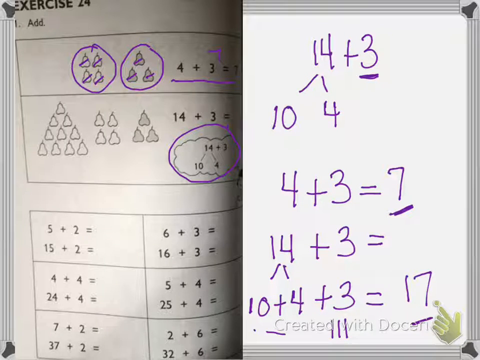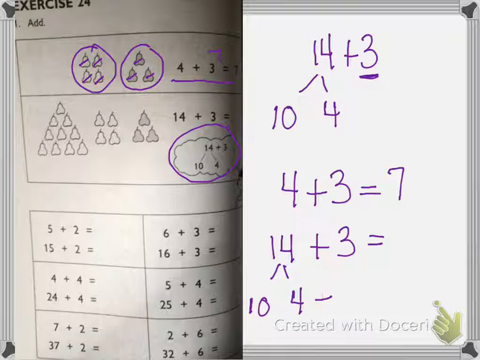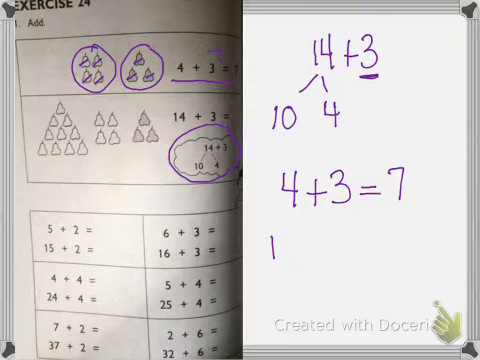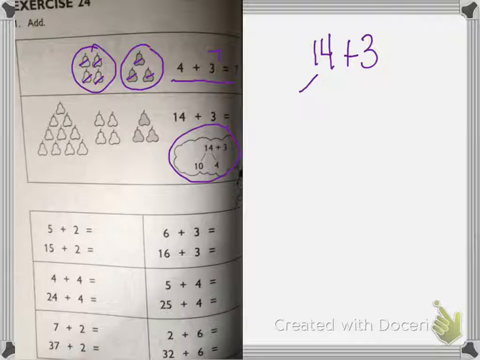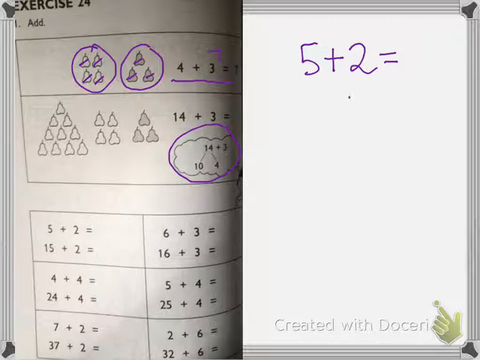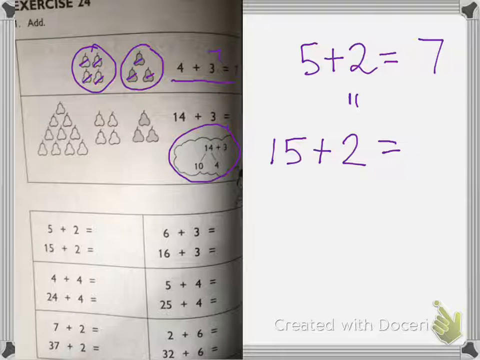Okay, let's look at another one. We have 5 plus 2 equals 5, 6, 7. 5 plus 2 is 7. Then we have 15 plus 2 equals. Well, we're going to break the 15 down into 1 10 plus 5.